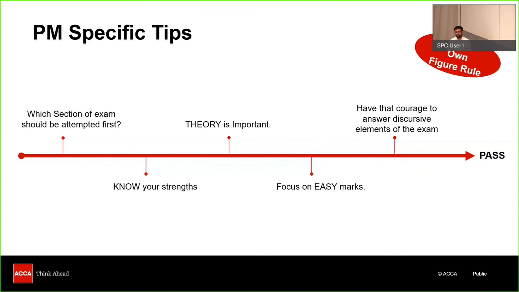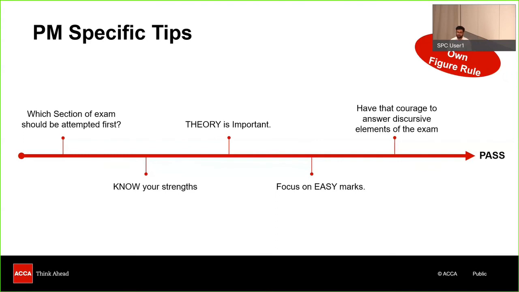Finally, own figure rules, OFR, all of you know about it. It's a very important rule. Being an ACCA student, you need to know about it. Whenever you are stuck in any particular question relating to section C of the exam, applicable in all skills modules, let's suppose it's a calculation question where there are 6 steps to get the final answer, and you know all of the steps except step number 3, because this time the examiner has twisted it, and I don't know how to get the answer for step 3, but I know for the rest of the steps how to approach it and navigate to the final answer.